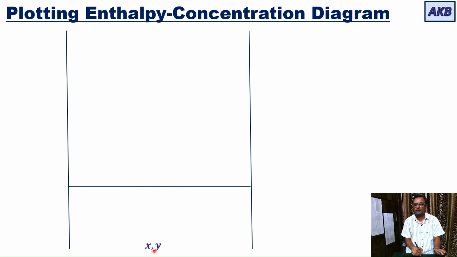For that, X and Y, that is mole fractions of the more volatile component in liquid and vapor phases, will be plotted on the x-axis, whereas on the y-axis we are going to plot enthalpies of saturated liquid and saturated vapor. At this end you have x is equal to 0, y is equal to 0, which represents pure B. I have talked about it in my previous videos, so please watch those videos. And this end will represent x is equal to 1, y is equal to 1.